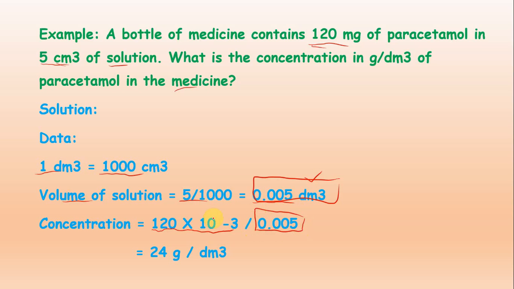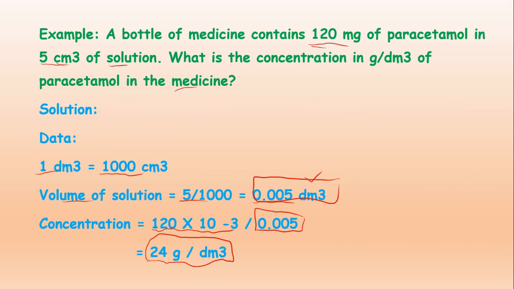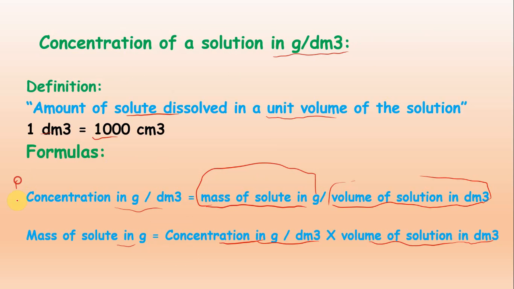So we convert 120 into grams, like 120 times 10 to the power minus 3, and then the answer will be 24 gram per dm cube. This is the concentration which is being asked. This question was related to formula number 1, the concentration.